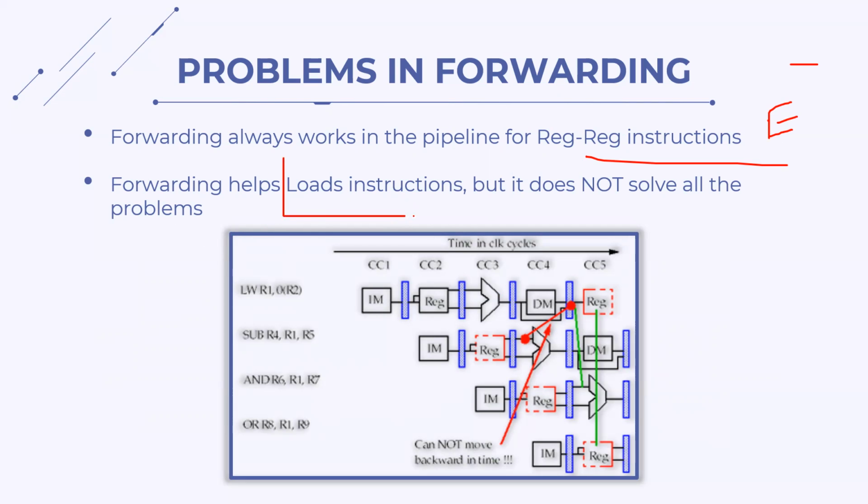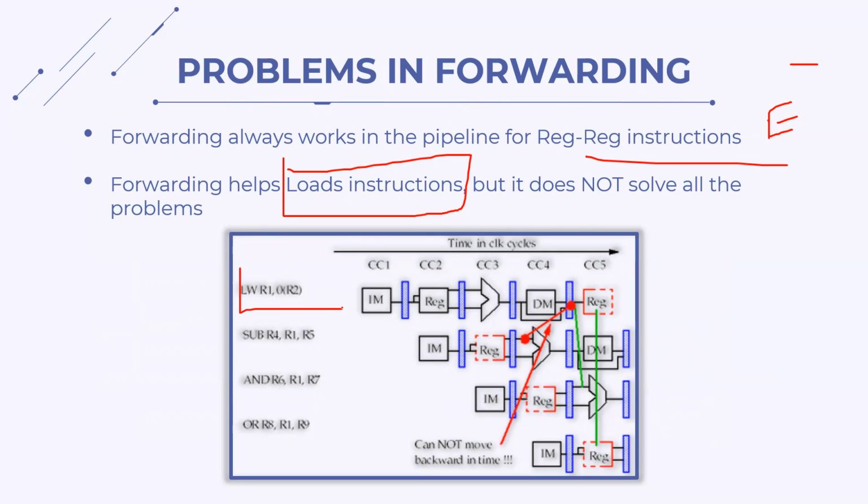If you take instructions like the load instruction, their results will be available only after the memory access stage, which is later than the execution stage. So for instructions like load, forwarding helps in some cases, but it does not solve all the problems.